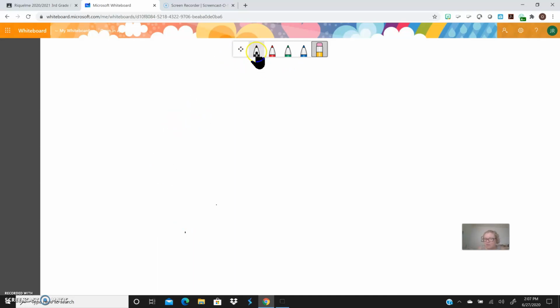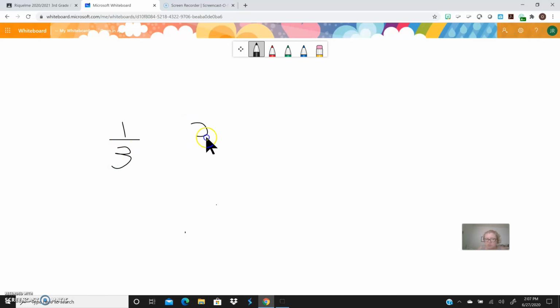So let's do 1/3, and then let's do 2/3. Okay, so the first step I look at is, which one of these numbers is bigger? Okay, so I know this 2 is bigger, right? So I know 2/3 is bigger.